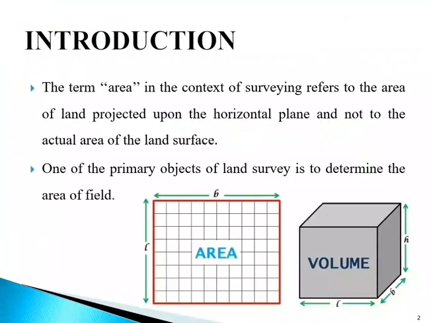In civil engineering works such as designing of bridges, dams, reservoirs, etc., the area of the catchment of a river is required. The areas of fields are also required for planning and management of a project. So various methods are used for it.